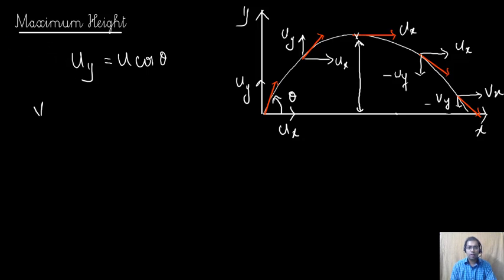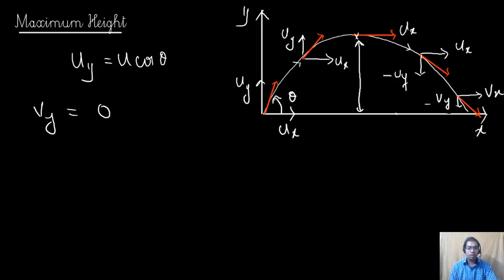Now the final velocity along the y-axis is 0. The reason for this is that at the maximum height, it can no longer go up. That means it has reached the maximum height. After this, it comes down. That is the only path it has left: it goes up to the maximum height and then comes down.